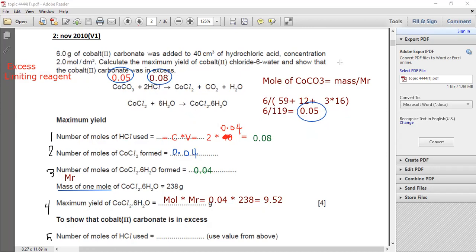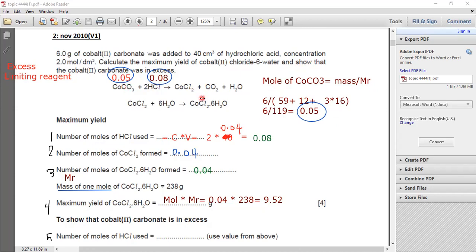If the examiner needs which one is in excess, which one is the limiting reagent, you have to find the number of moles of the reactants. I did here the number of moles of HCl, and here the number of moles of cobalt carbonate.